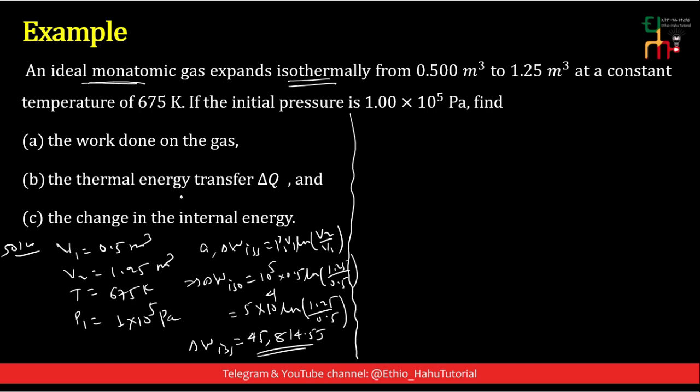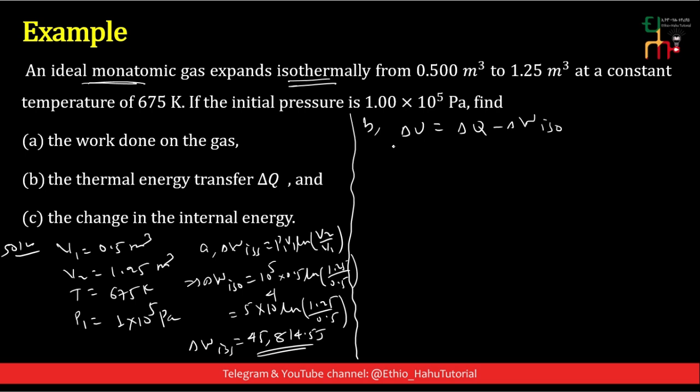B, the thermal energy transfer, delta Q. To find delta Q, we need to apply the first law of thermodynamics. Since delta U is equal to delta Q minus delta W, in an isothermal process the change in internal energy is 0, because the temperature is constant.